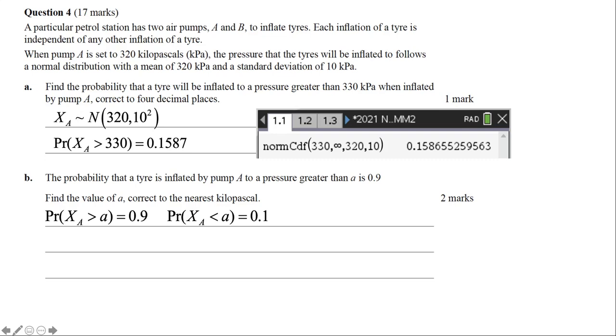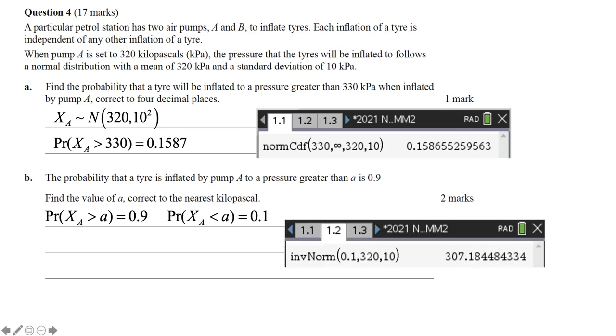The reason why I'm using the opposite is because TI-Nspire can only recognize the left tail probability when you are using inverse norm CDF. That's why you have to put 0.1 here instead of 0.9.